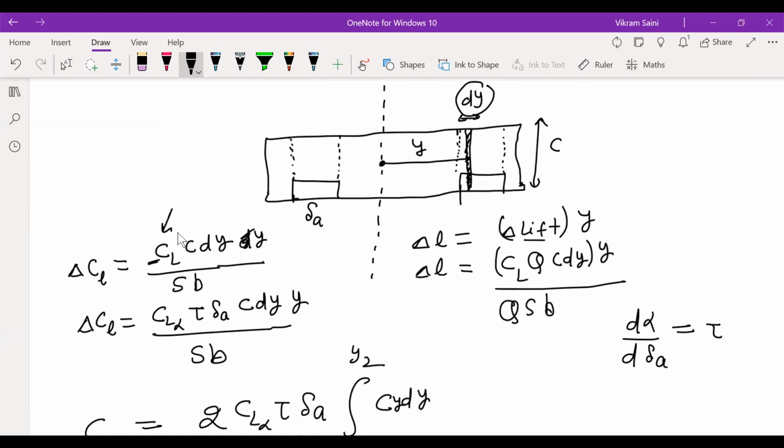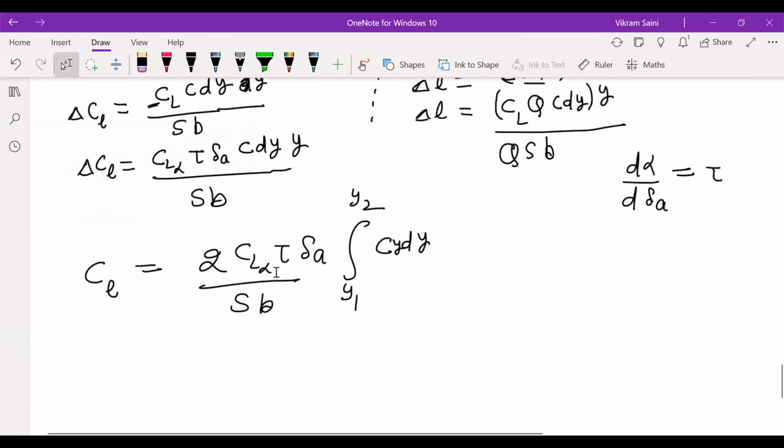This is your y1 and this is your y2 from here. So 2 is because you have two ailerons, you double the contribution because of the two ailerons.